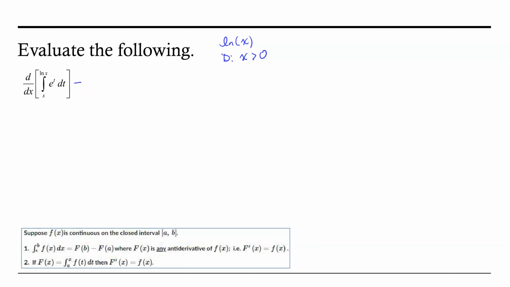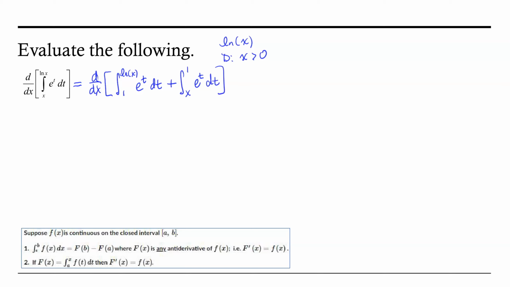So what we'll do here is rewrite this as the derivative with respect to x of the integral from 1 to the natural log of x, e to the t dt, plus the integral from x to 1, e to the t dt.